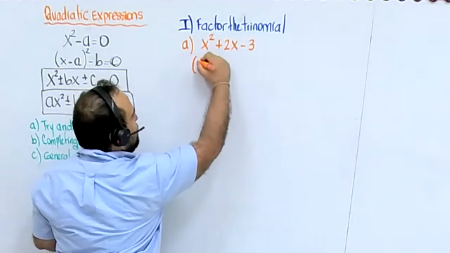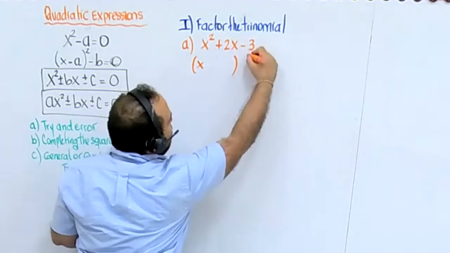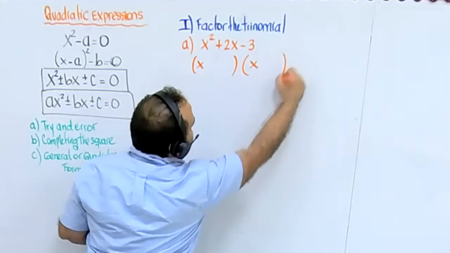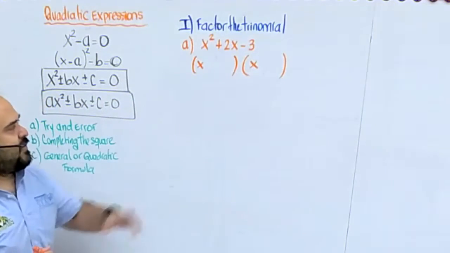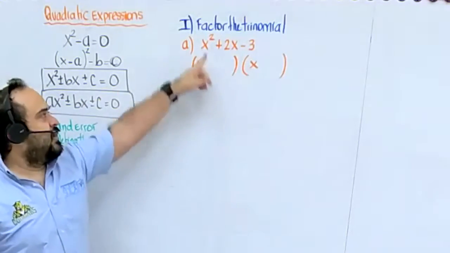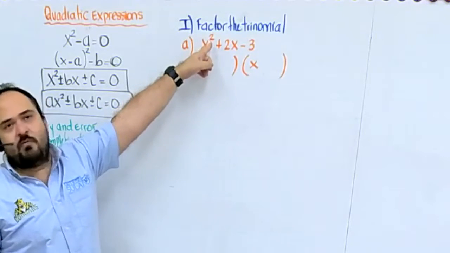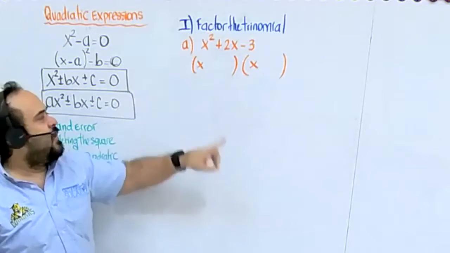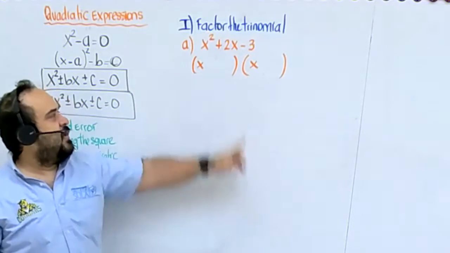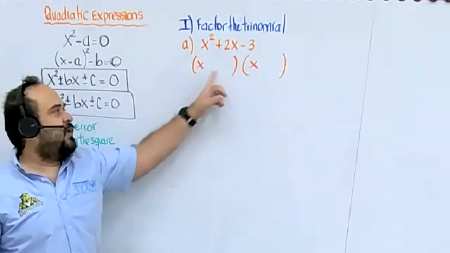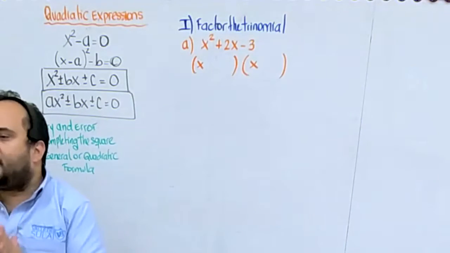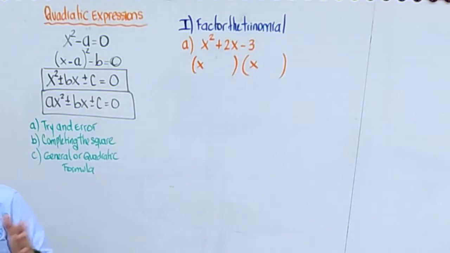Open parentheses, copy the letter x, close parentheses, open another one, and copy the letter x. We split it in two parts. If instead it were x to the 4th power, it would be x squared, x squared. For the 6th power, cube, cube, and so on. We're going to split the letter x, the maximum power, in two parts, okay?